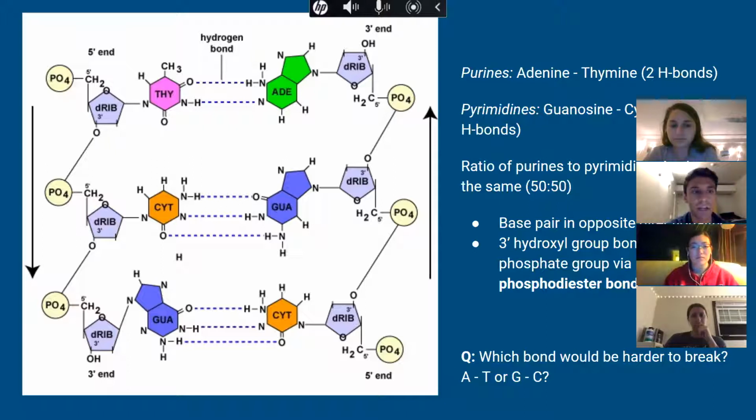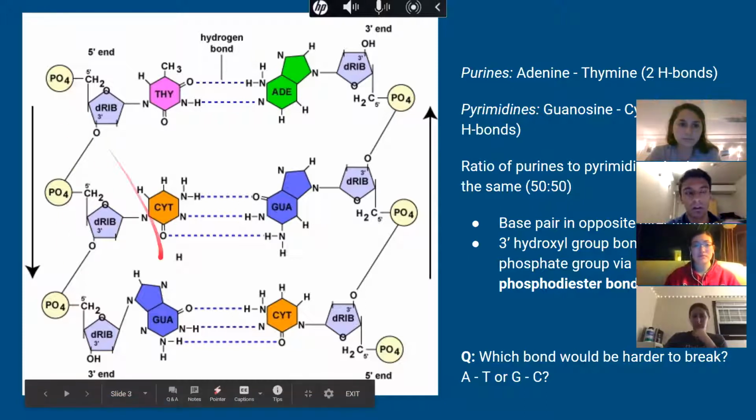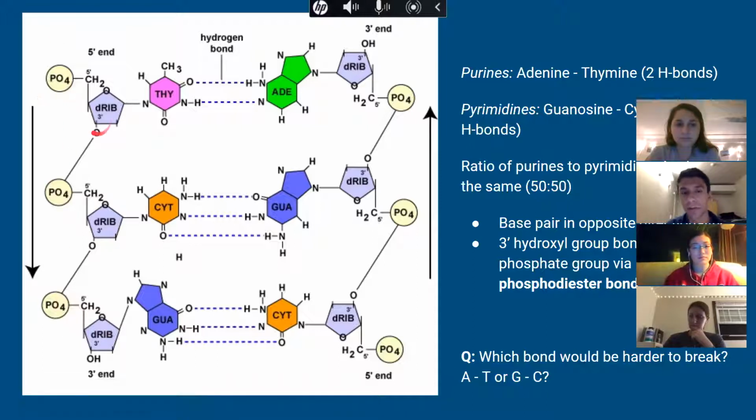If you look at the strand on the left, a good way she described it was the sugar has that oxygen that points up, and on the strand on the right, the oxygen on that sugar points down. So that's a good way to remember it.